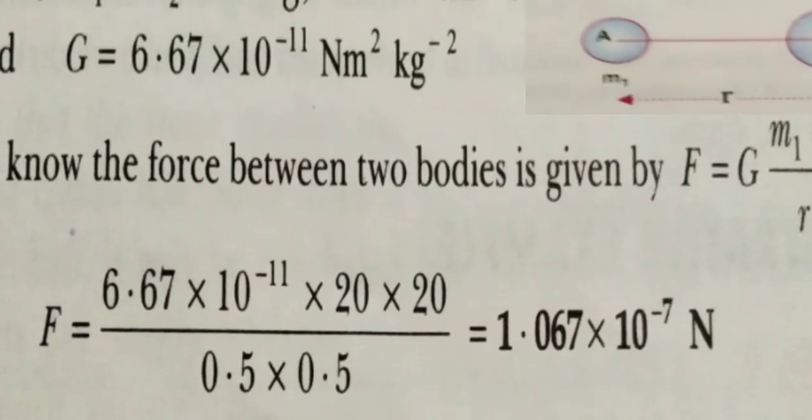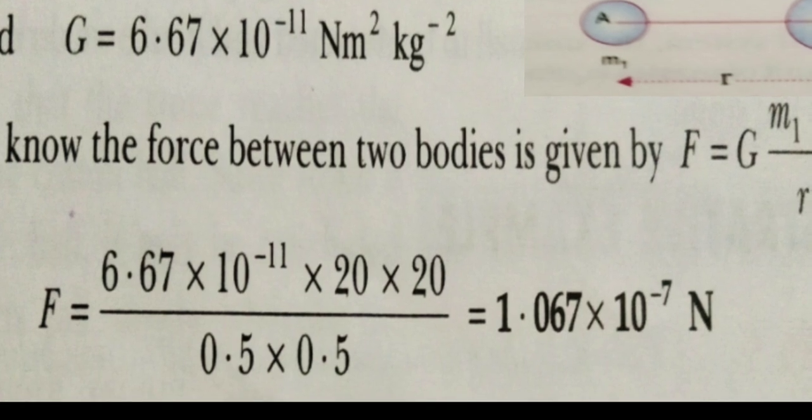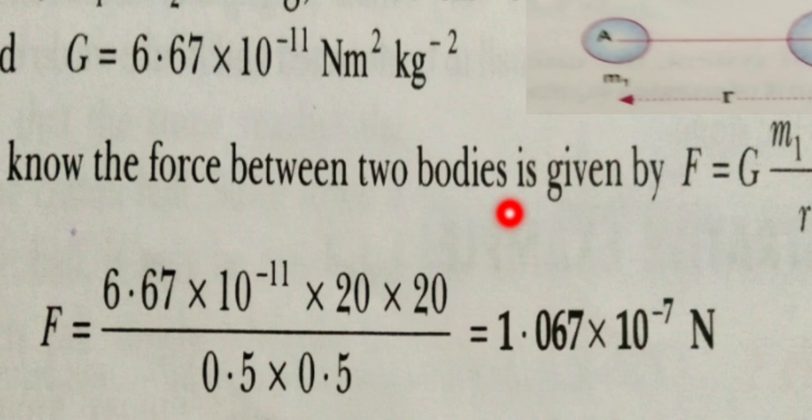When you multiply this 0.5 into 0.5 by 100, in the numerator also you have to multiply by 100. You can't change it directly, you have to do it on both the numerator and denominator. So here it will become 5 into 5. So the first step is to remove the decimal.